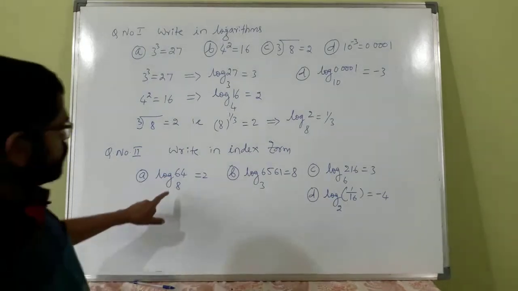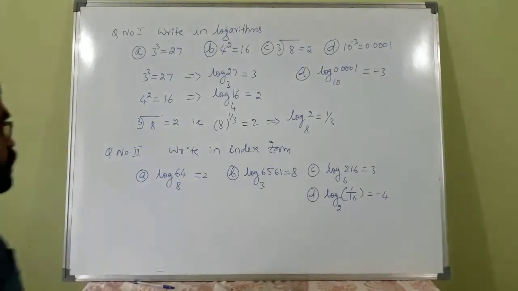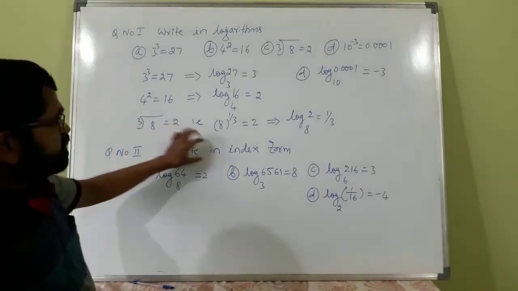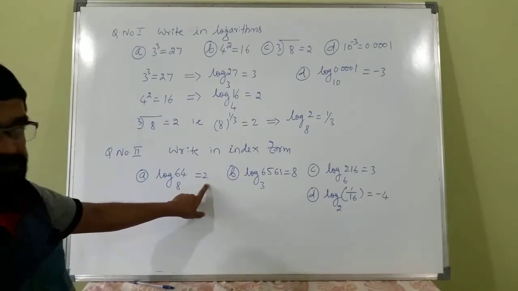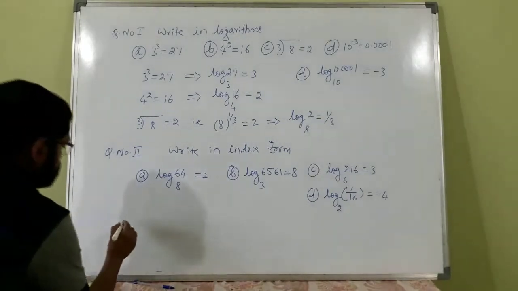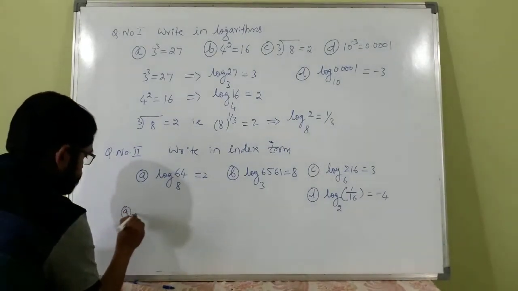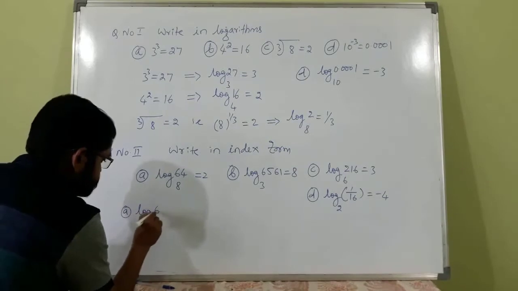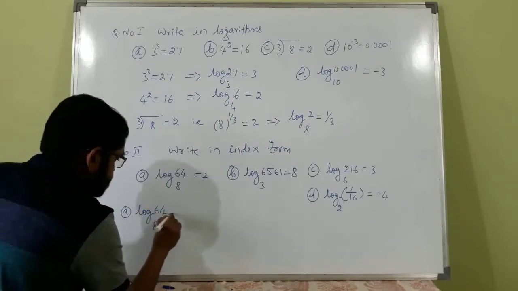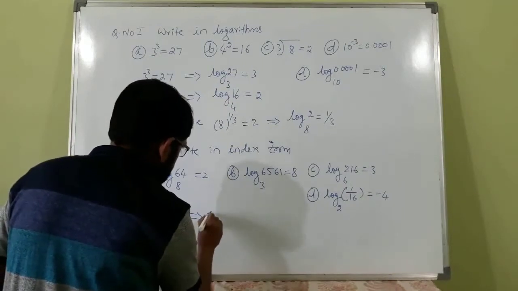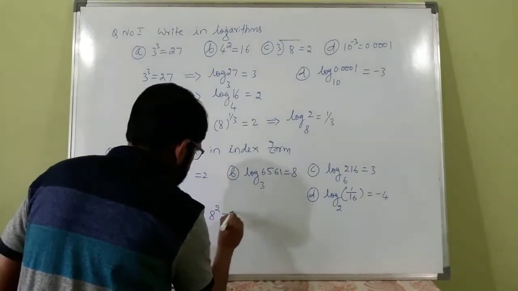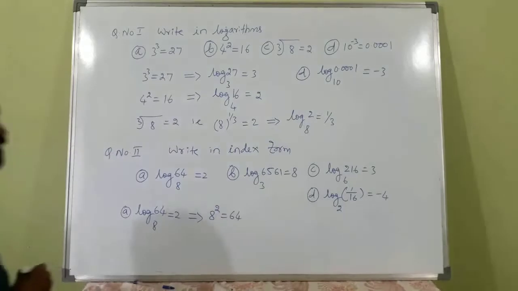Log of 64 to the base 8 is equal to 2. Now write in index form. If log is given, you are asked to write in index form. So log of 64 to the base 8 is equal to 2 means 8 to the power 2 is equal to 64.